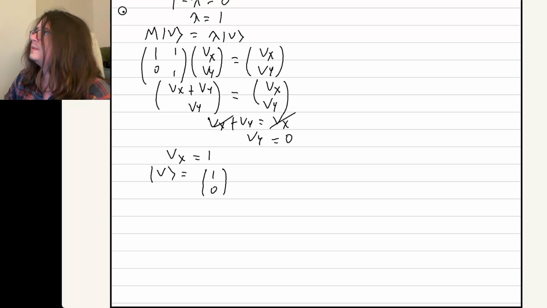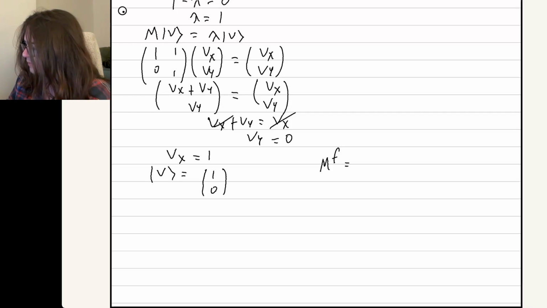So can it be diagonalized? The short answer is no, because if you did diagonalize it, you would have the matrix in some basis f would be 1, 0, 0, 1, which is the identity matrix.